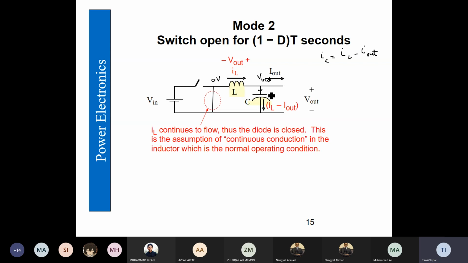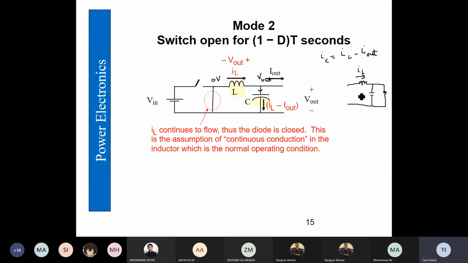Now if we look into the circuit, we have the inductor on one side, then the capacitor, and initially the diode was reverse biased. Because the inductor current has to flow, if we do not conduct the diode, the inductor current is not going to flow.